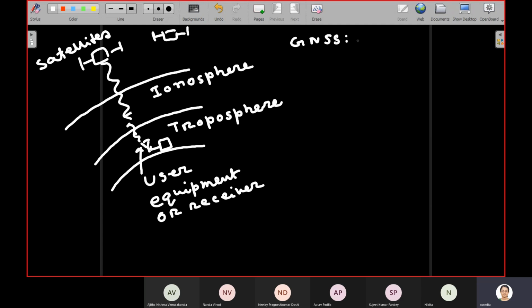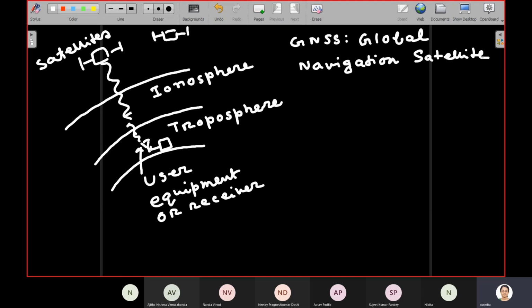So the full form of GNSS is Global Navigation Satellite Systems. So this represents all the satellite constellations, navigation satellite constellations of different nations all over the world.